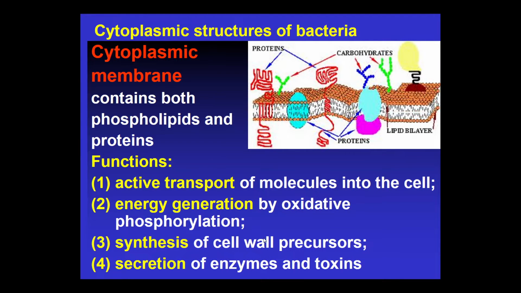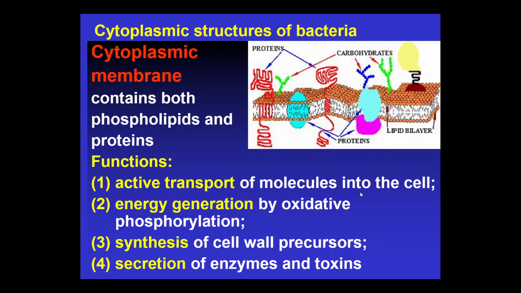So the cytoplasm is covered and limited with a cytoplasmic membrane that contains both phospholipids and proteins. And you can see here the most important functions of the cytoplasmic membrane.